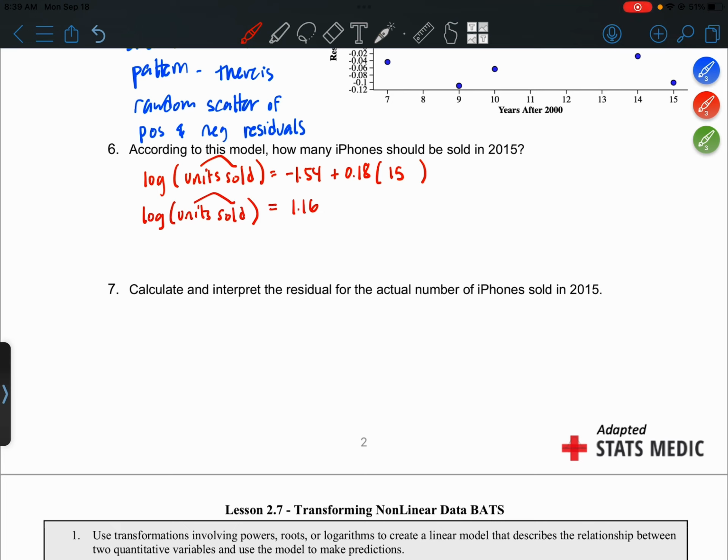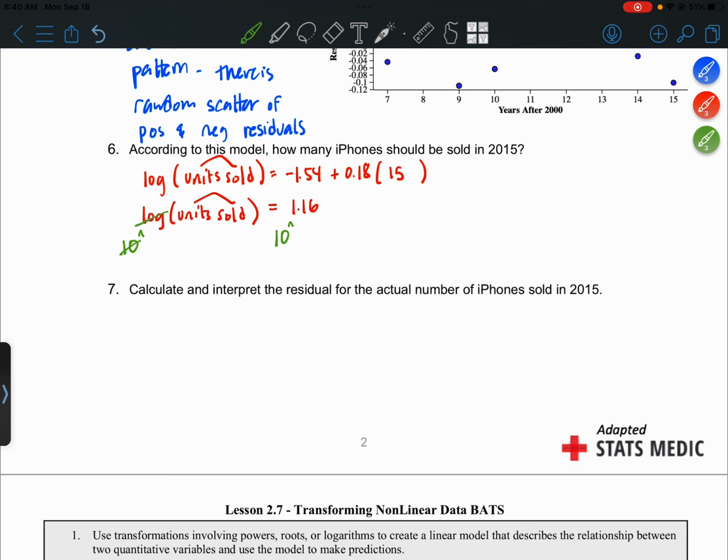Okay. Now, that's great, but it's not very useful because people don't sit at shareholder meetings and talk about the log number of units sold for iPhone. They just want to know how many units are sold. Okay, so we need to undo the logarithm. Okay. So here's where the algebra is going to come in handy. So to undo a logarithm, a common logarithm, we need to use the common base, which is base 10. So we're going to do 10 raised to the power on the left side and on the right side.